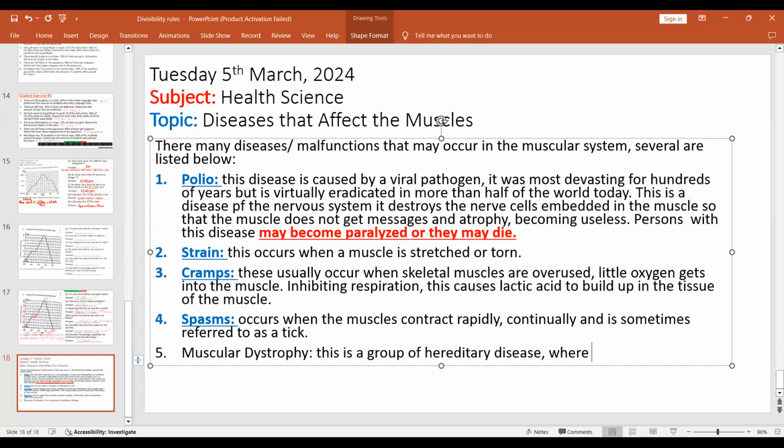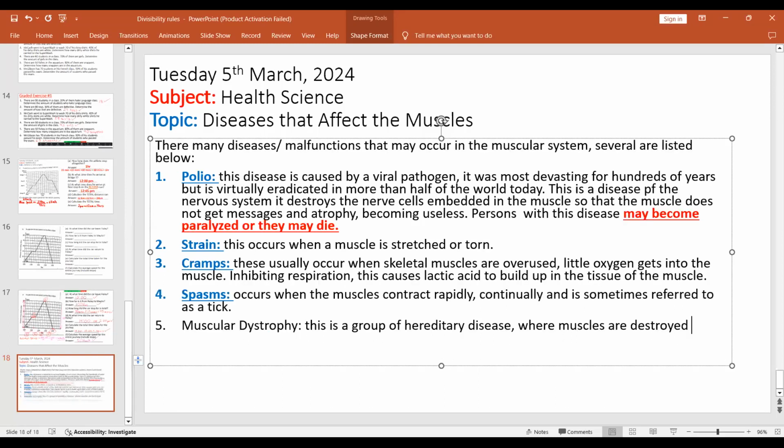So where muscles are destroyed gradually.